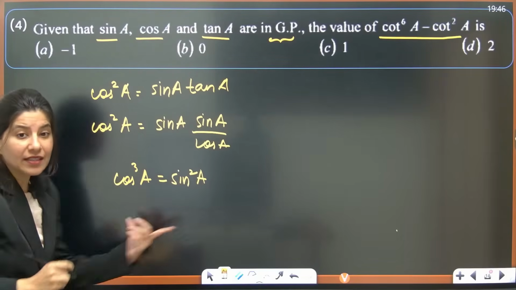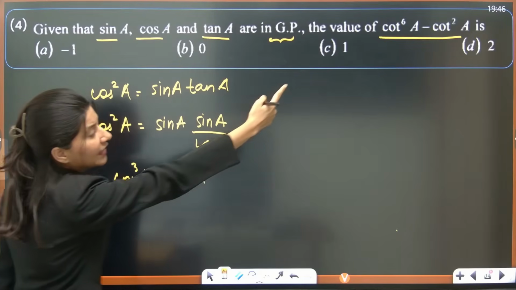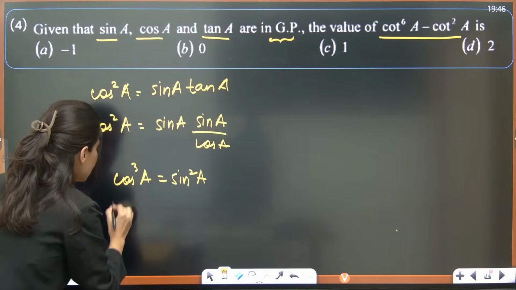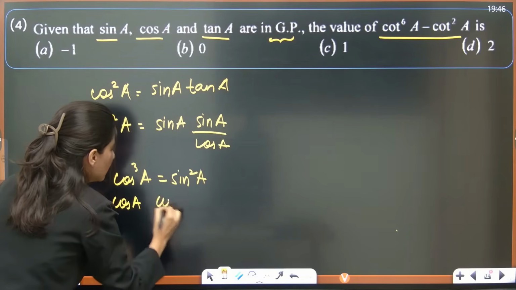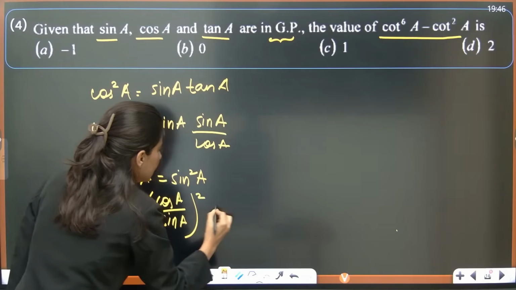One more thing, from here you can see I need to calculate the expression of cot. So cos A upon sin A whole square is equal to 1.